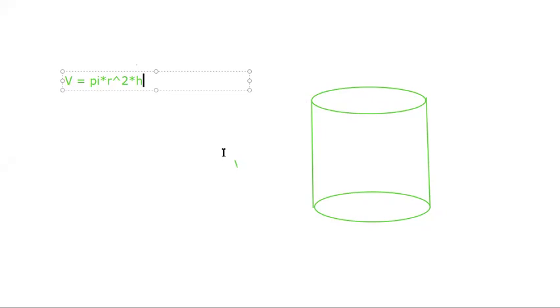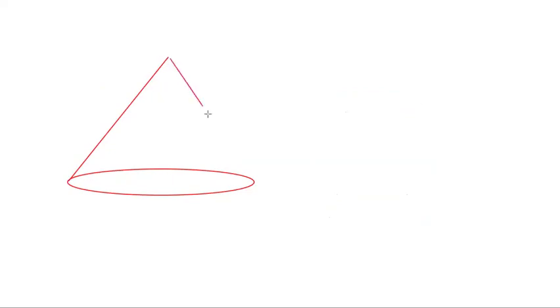Well, we have the volume of a cone. So a cone would look something like this. Of course, it's three-dimensional, so it's got a back side too, back there on it.